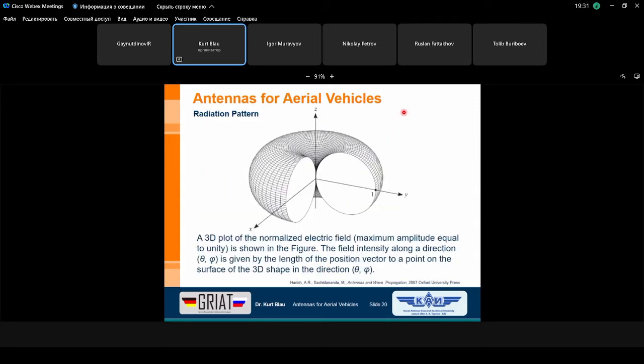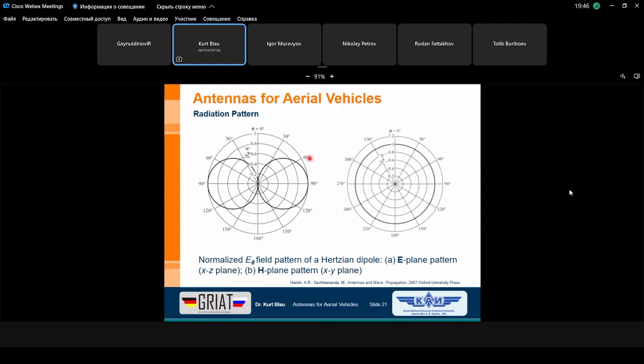If we look at the distribution along the axis and make a cut, a special cut here, then we can see it looks like an 8, and this is the correct radiation pattern if we make a cut in the xz plane.